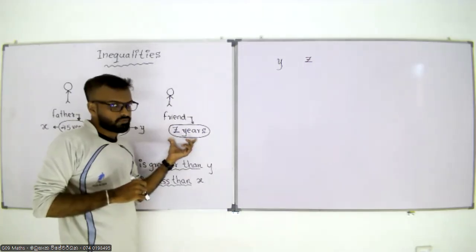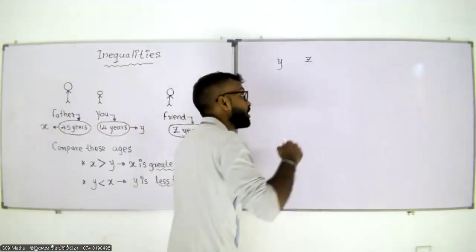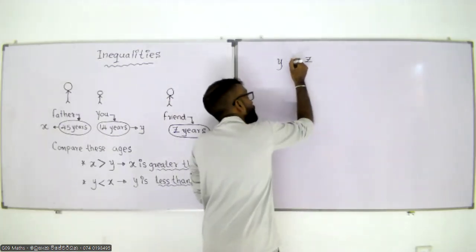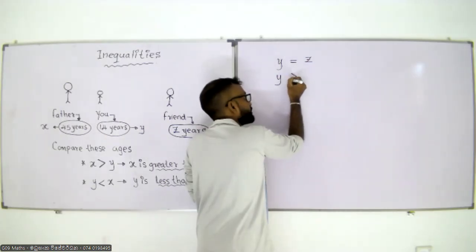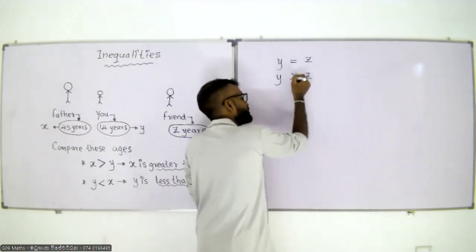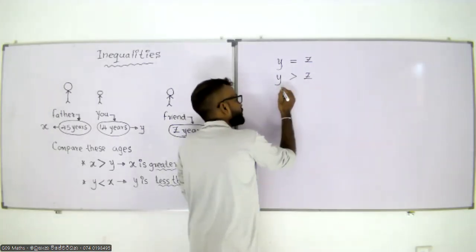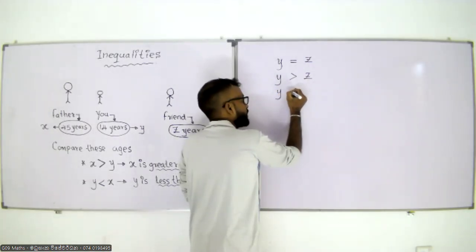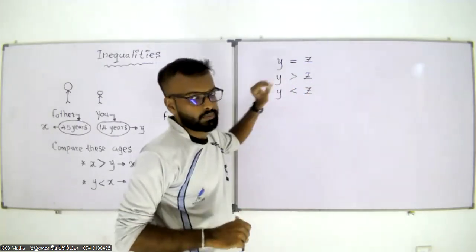We do not know the age of this friend. It can sometimes be equal, sometimes y is greater than z, and sometimes y is less than z. So these three scenarios can happen.